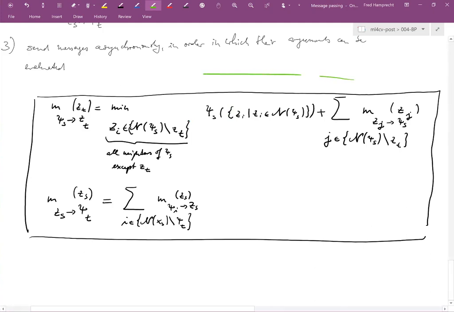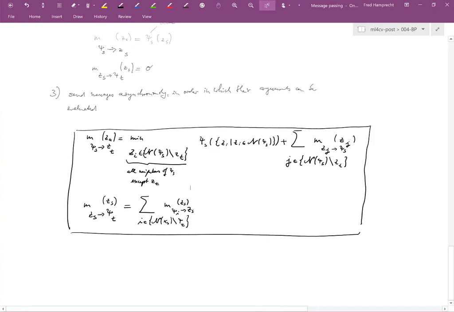And we now take a summation of these two and minimize over all of these. So we take the incoming messages, we listen to what the factor itself has to say, and then we minimize over all the random variables associated with this factor, except the one that we're sending a message to.